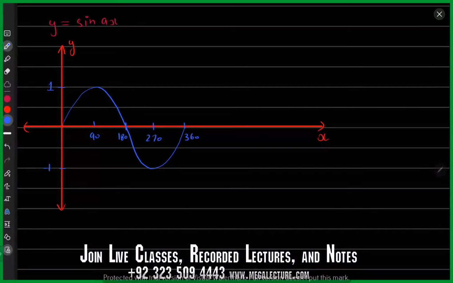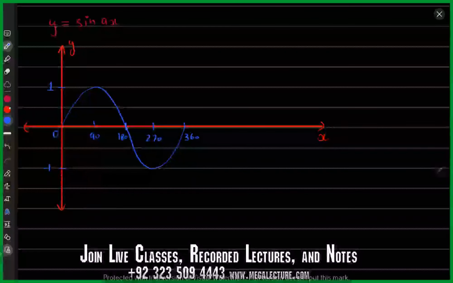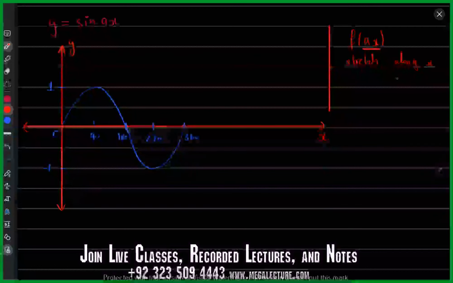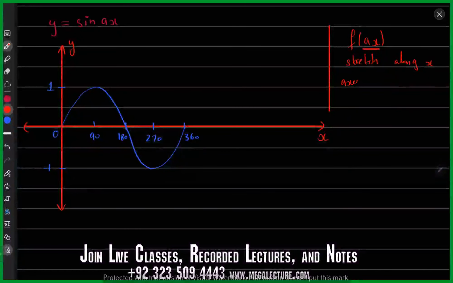Now, this is something that I would want you guys to comment on. What is happening over here? Or let's say, what used to happen when we had f of ax? So when a number was multiplied by x, it was a stretch along the x-axis or x direction, and the scale factor used to be 1 by a, right?